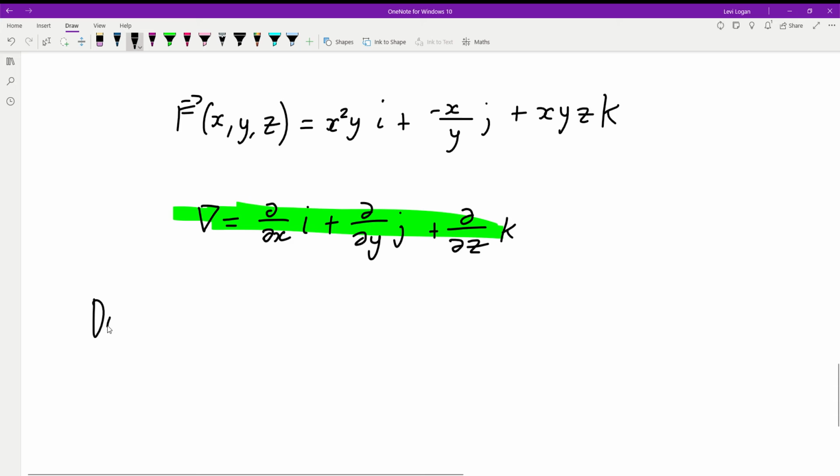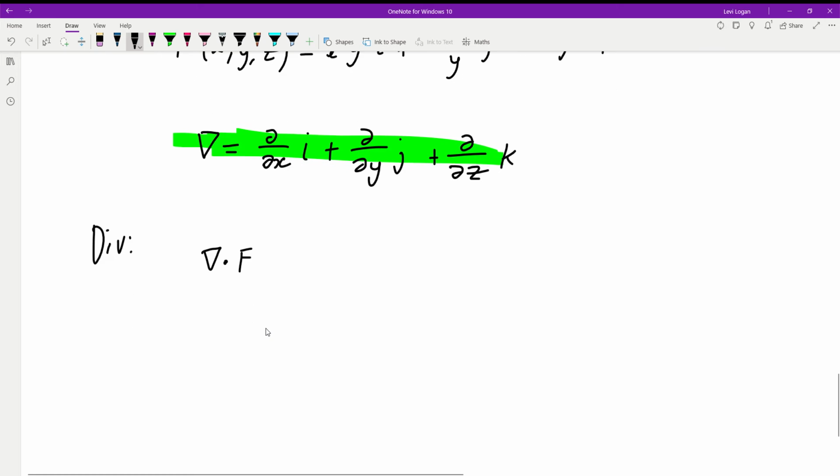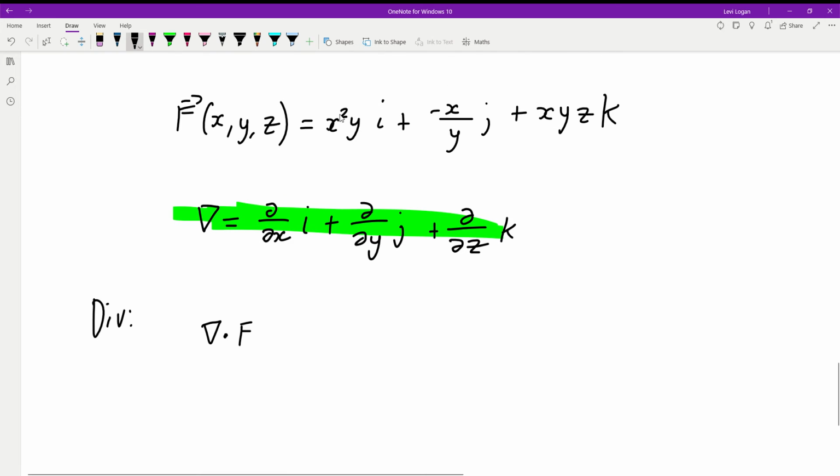So for divergence, it's going to be d dotted with f, okay? So the way you set this up is just x's times x's, and then you add them with the y's times y's, and then you add them with the z's times z's, okay?